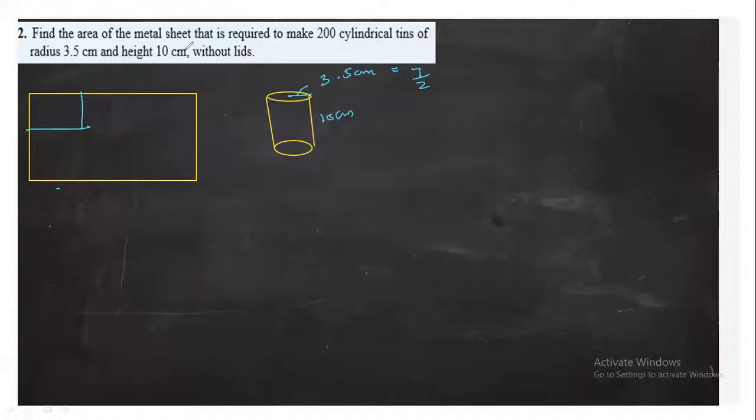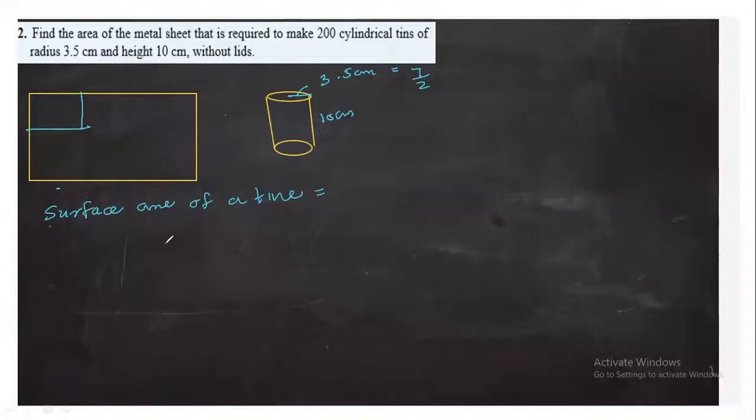Right, they are asking the area of the metal sheet that is required to make 200 cylindrical tins of radius 3.5 and height 10 centimeter. Right, then first of all we can find the surface area of this now. First we will find the surface area of a tin.